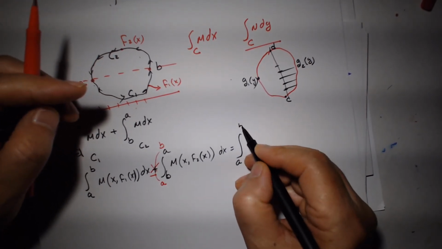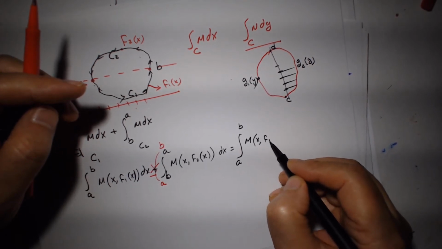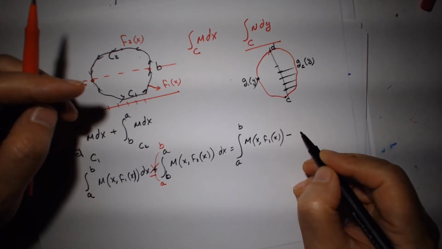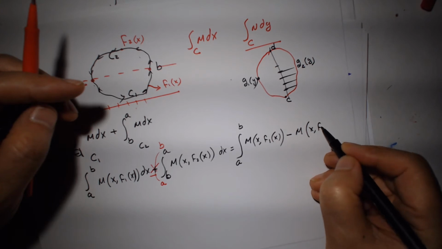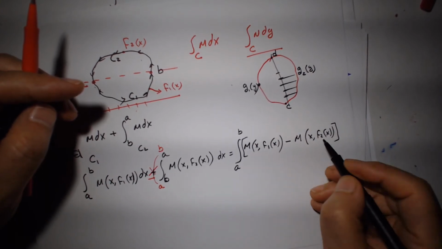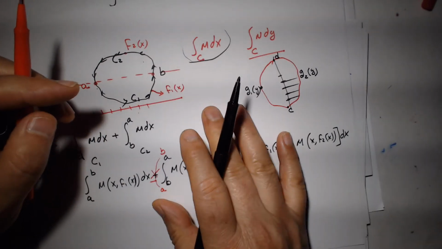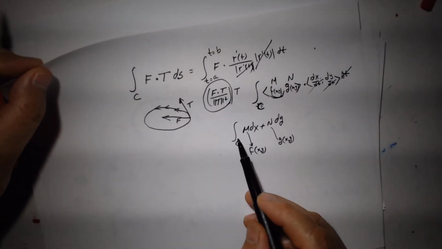A to B, M of x, F1 of x, minus M of x, F2 of x, all multiplied by dx. That was half of the line integrals. That was this half.